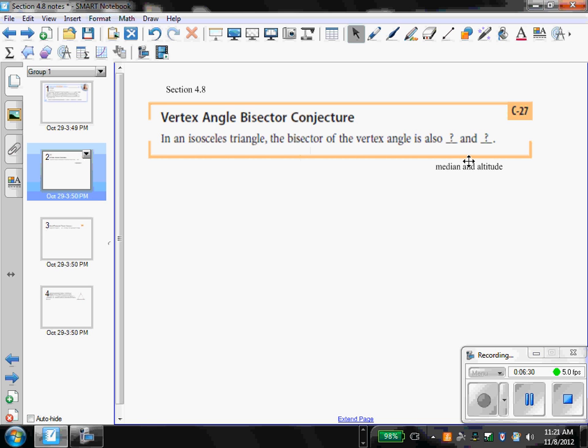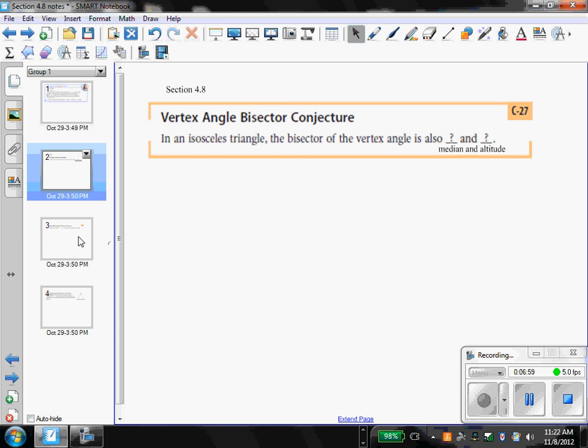A median goes from the vertex to the midpoint of the side opposite, and an altitude goes from the vertex to the side opposite, forming 90-degree angles. So if you have an isosceles triangle, you're going to have a lot of special things. You already know that the base angles are congruent. Now if you bisect the vertex angle, you know that you have a perpendicular line and it's hitting the midpoint.